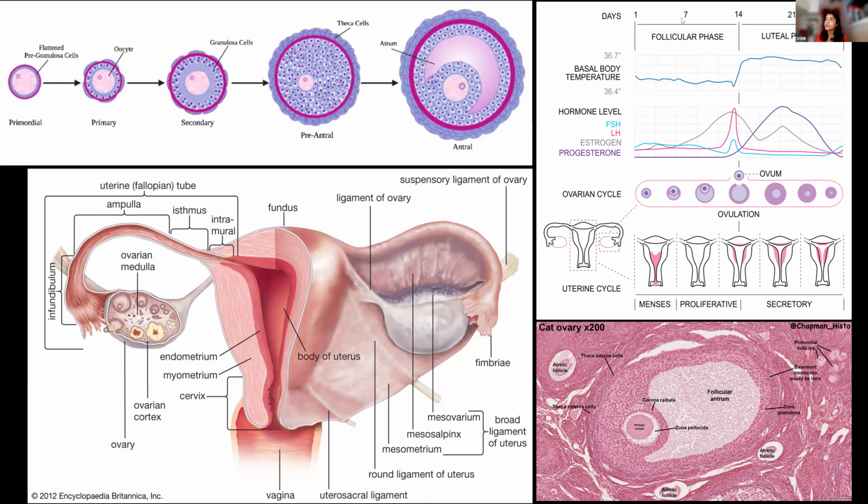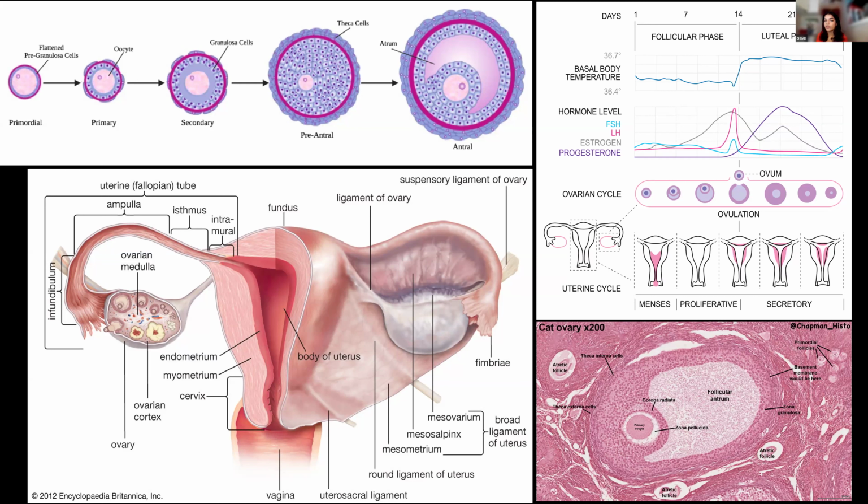This happens on day 14 of the female menstrual cycle, which is typically 28 days, but it can vary between women. And it is important that you match, when we talk about ovulation, there's folliculogenesis and oogenesis, which I have another diagram for that we'll come on to.